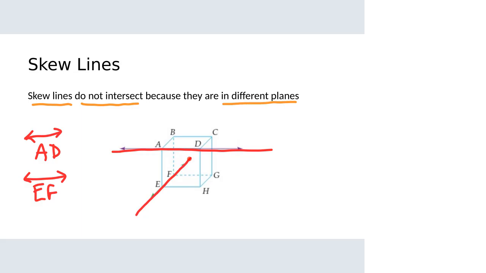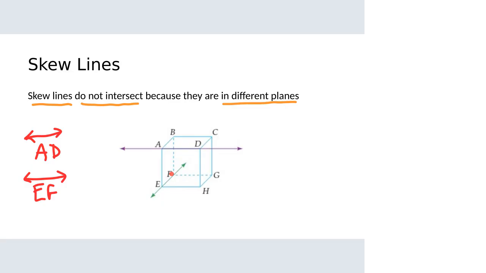And imagining that these are actually on a box, they are never going to intersect. They're never going to cross with each other. But it's not because they're parallel. It's because they're not in the same plane. AD is in this plane here. That's the piece of paper that's the front of the box. And then EF is on this piece of paper here that's on the side of the box. And so the reason they don't intersect is because they're in different planes.